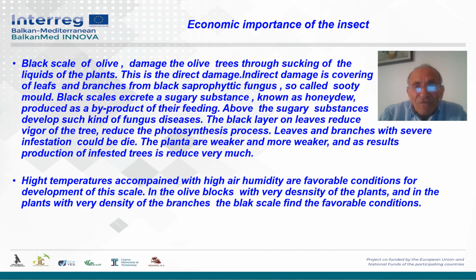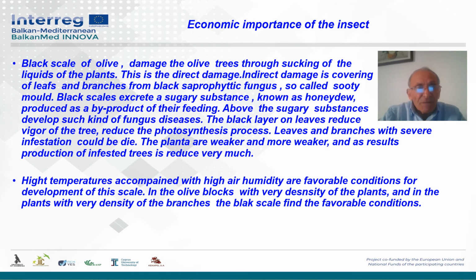Economic importance of the scale. Black scale of olive damages the olive trees through sucking the liquid of the plants. This is direct damage. Indirect damage is the covering of the leaves and the branches with black saprophytic fungus, so-called sooty mold. Black scale excretes a sugary substance known as honeydew, produced as a byproduct of their feeding.